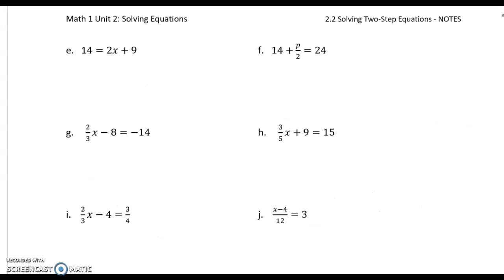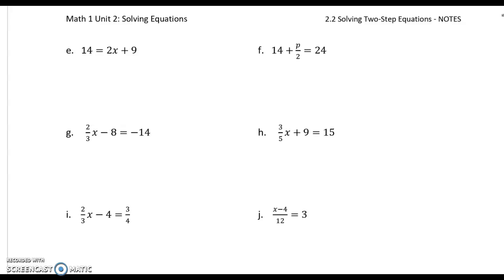All right, I'm going to skip over to problem F. So here we have an equation that has a fraction in it. So we're not going to skip step 1. So we want to clear out the fraction.